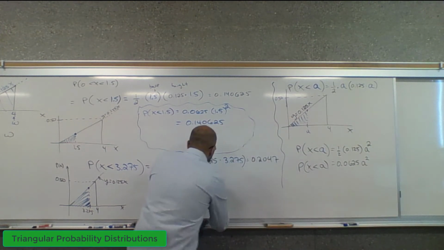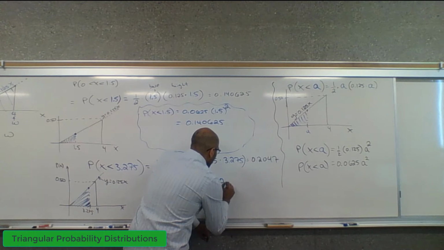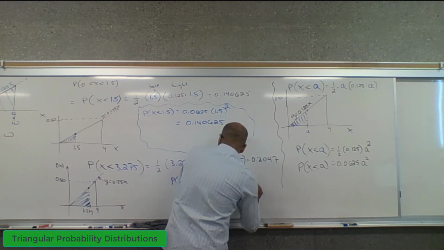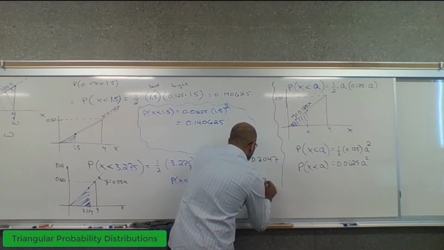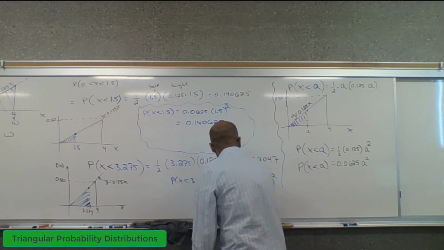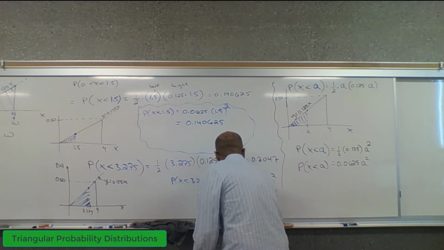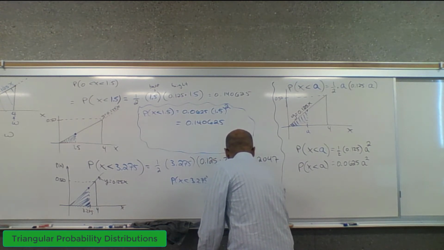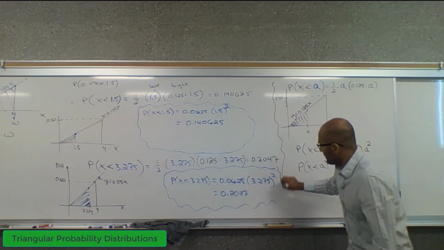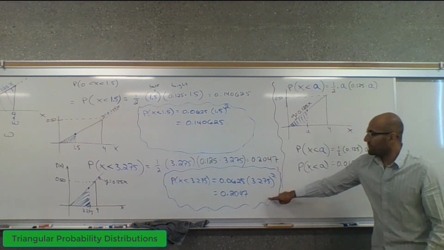So this guy is equal to 0.0625 times A squared, which is 3.275 squared. If I punch that in my calculator, I will get 0.2047, which is the same answer as that one.